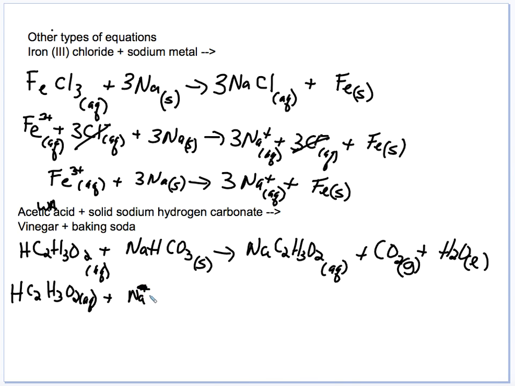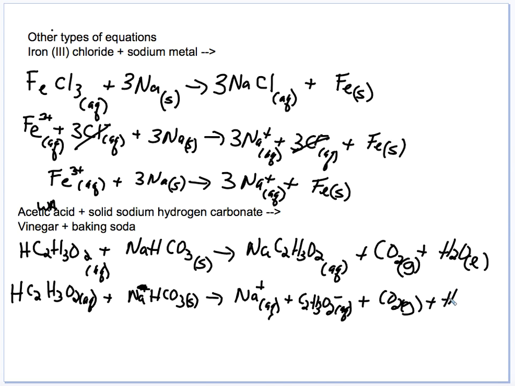Can't break it apart, it's a solid. Over here, we could break this apart because it's an ionic compound and it's aqueous. But we can't break apart the CO2 because it's a gas, and we can't break apart the water because it's a liquid.